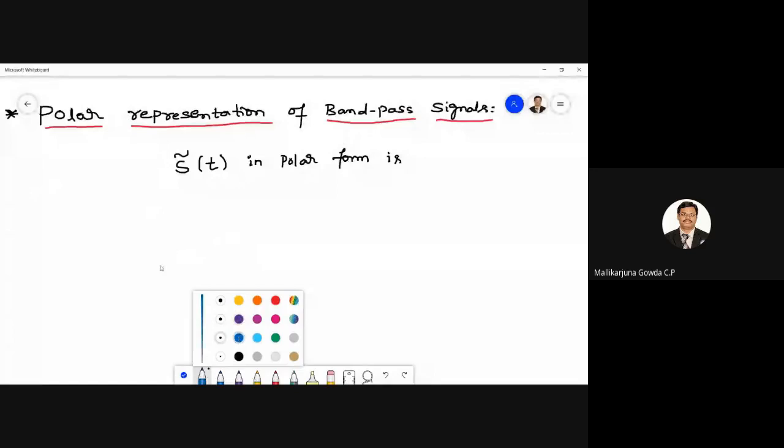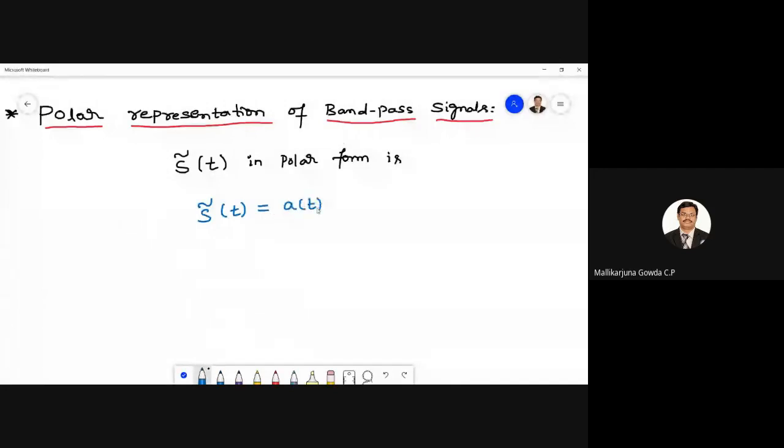So as one of your friends rightly said, I may be using different variables. So I can say S tilde of t is equal to, instead of r I am writing A of t into e power j phi of t. Okay. So r into e power j theta, right? So here I am writing A of t into e power j phi of t.